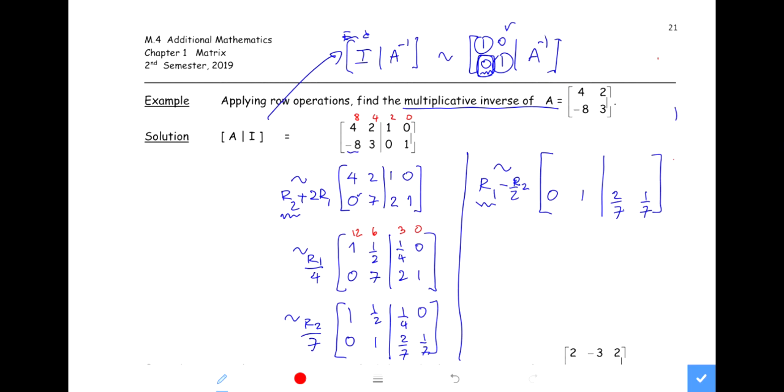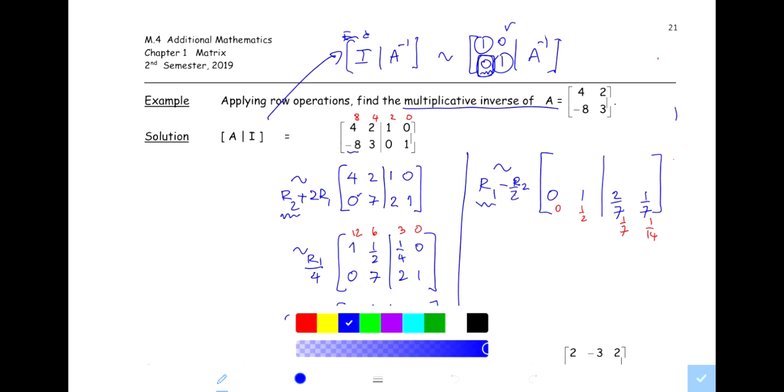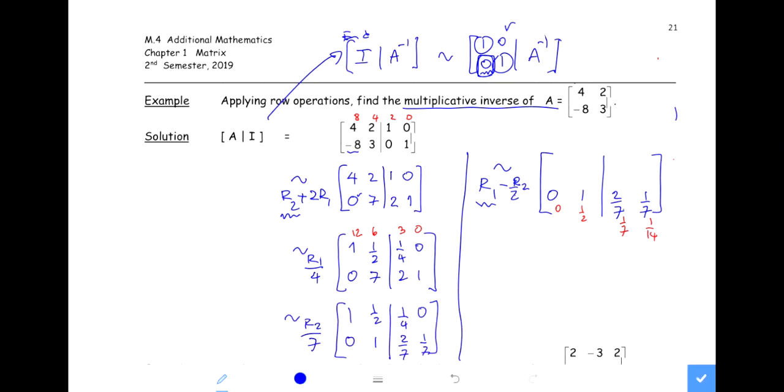Half of R2 will be 0, 1 over 2, and that is 1 over 7. This one is like 1 over 14, right? Half of R2 is like that. Then I will subtract this out of R1, okay? R1 minus the red color, which is half of R2. So 1 minus 0 is 1. 1 over 2 minus 1 over 2, 0.